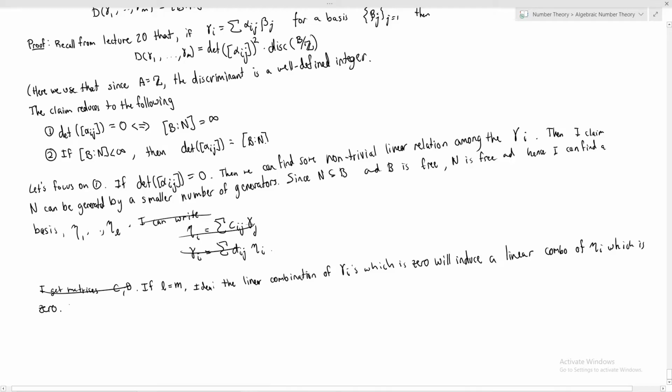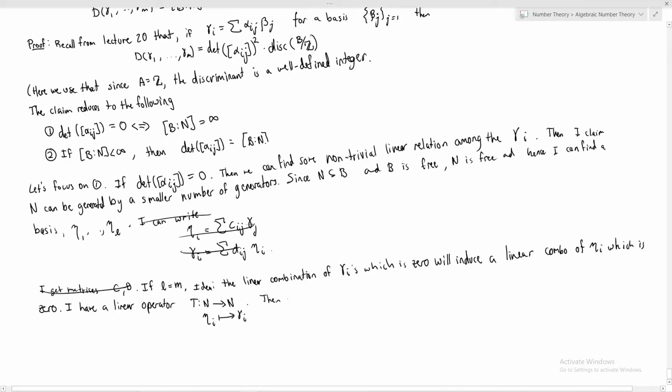So I've got some linear operator, a Z linear operator, let's say T from n to n, which sends eta i to gamma i. So assuming L equals M, then I can define this linear operator.